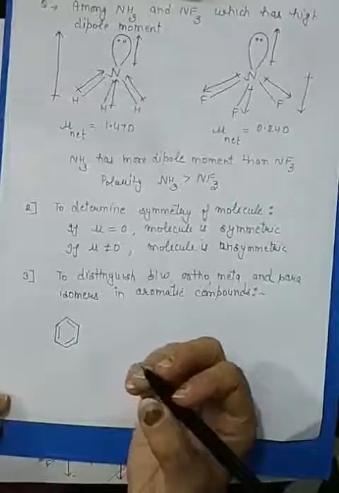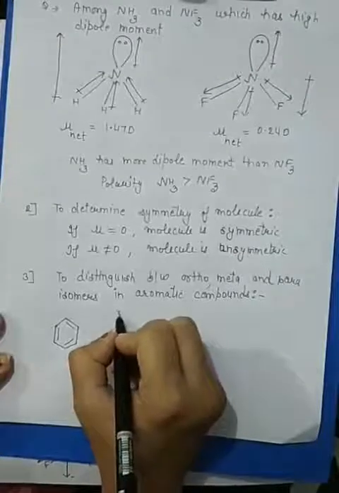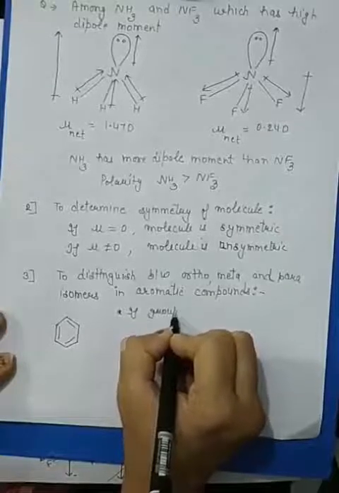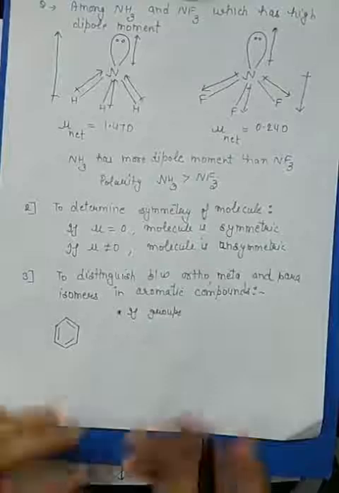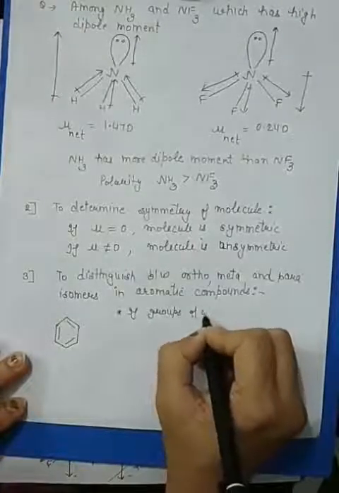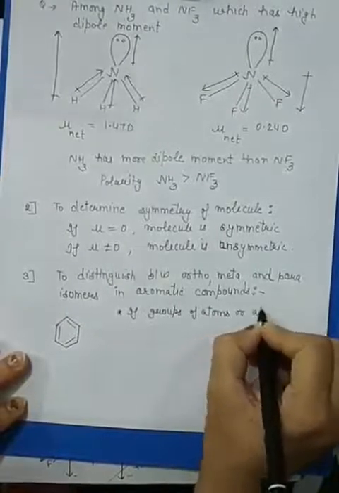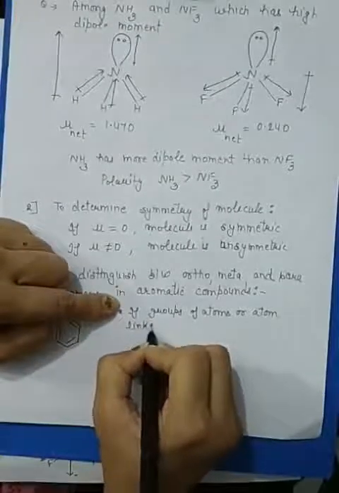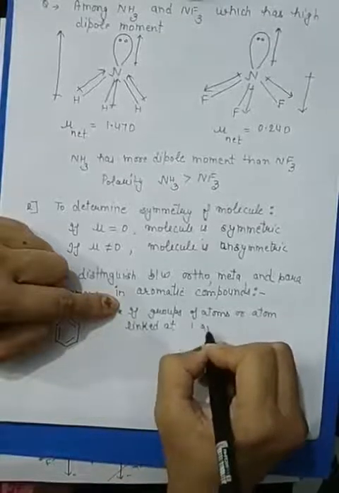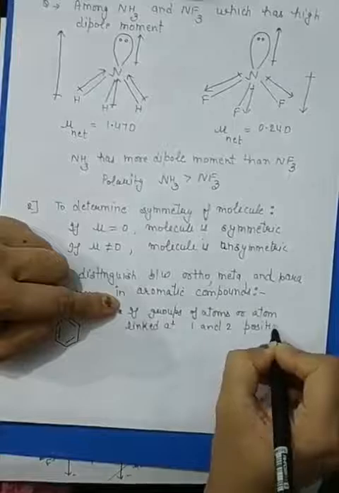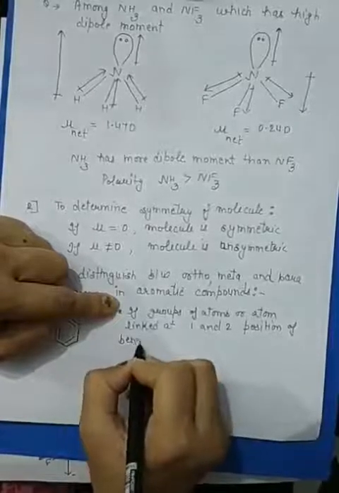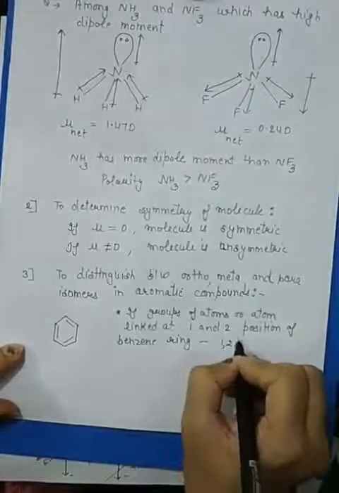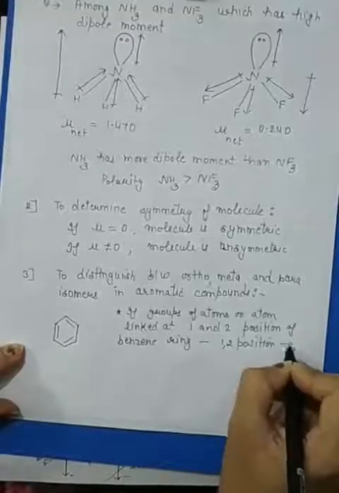If a group of atoms or an atom is linked at 1 and 2 position of the benzene ring, then this 1-2 position is called ortho.